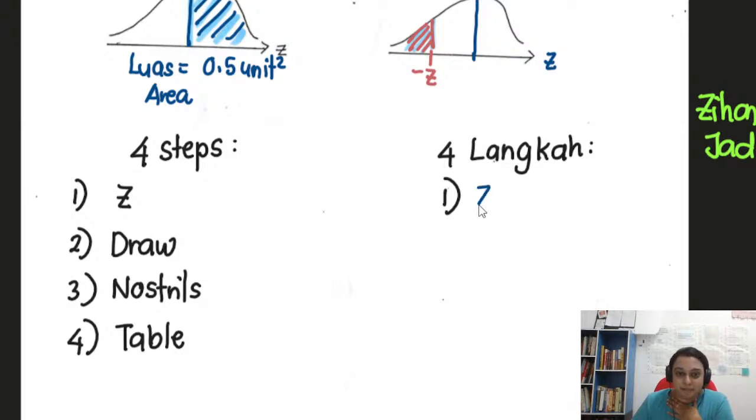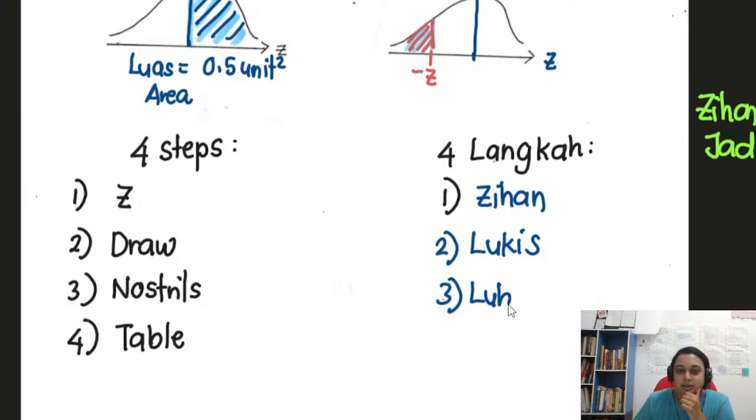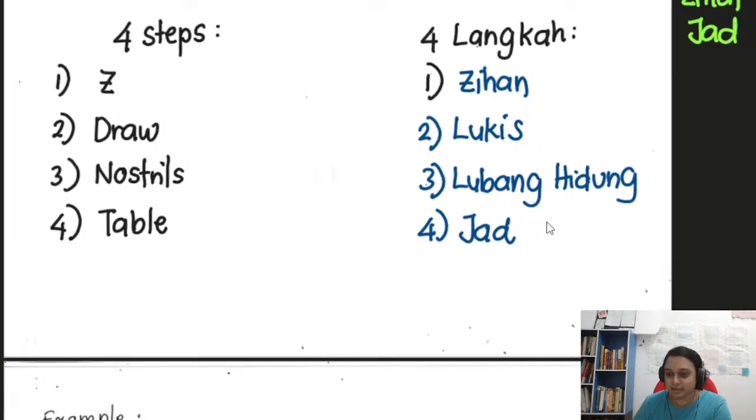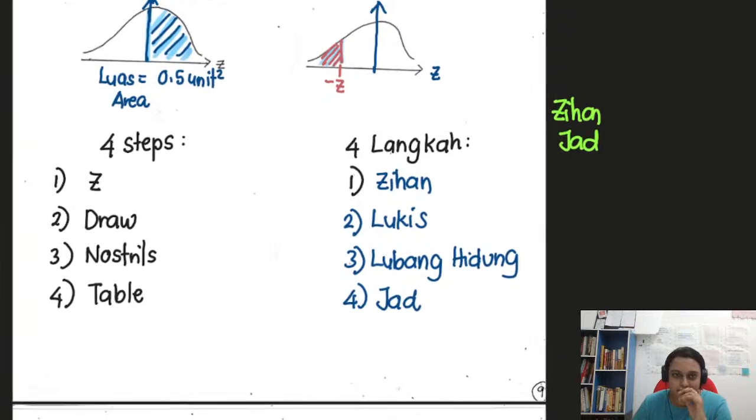Okay, apa yang dia lukiskan? Tengok, first, ni ialah Zihan. Second, dia lukis lubang hidung. Kenapa teacher dia lukis lubang hidung? In a while you will understand why. Lukis lubang hidung, Jad. What does this all mean? Now I'm going to explain one by one.